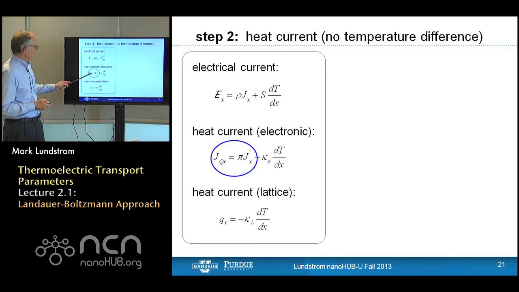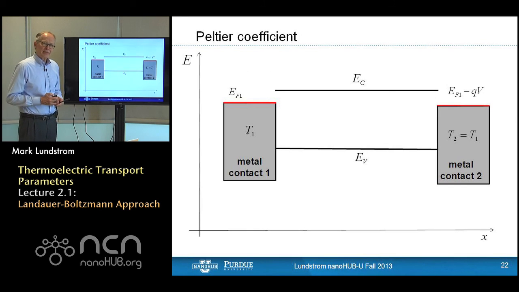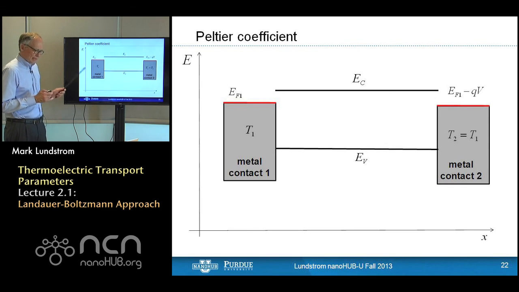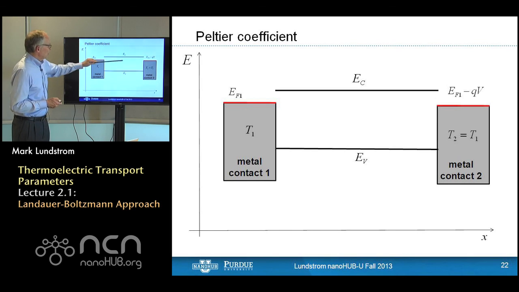So if I look at the heat current, I'll look at how much heat current that current flow produces. And here there's a very simple physical way to look at this, and I'll recap quickly what Professor Dada discussed. I have my two contacts. In the metal, the Fermi window is at the Fermi energy. The current is all flowing at the Fermi energy in contact 1.